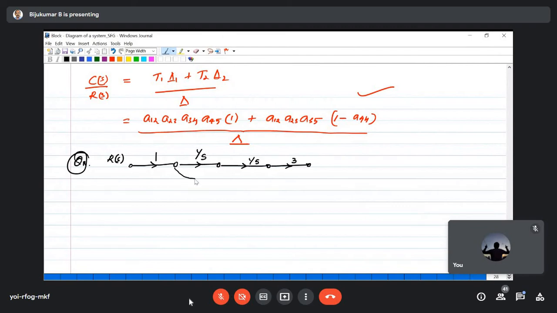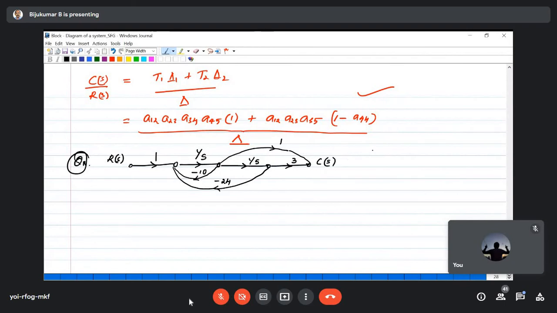There is a feedback loop like this, it's minus 10. One more loop is there, this minus 24. And one forward path is like this, gain 1. And this is output C of S.